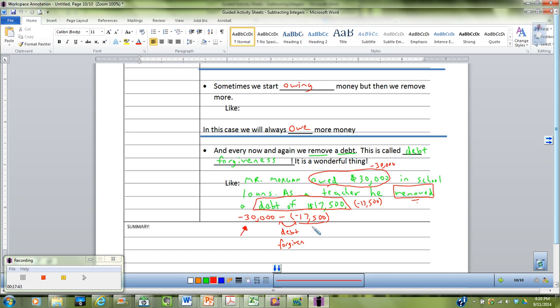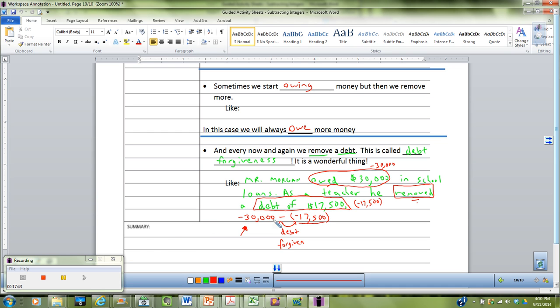So what do we need to do to figure out how much more I have to pay? Okay, should I be paying $47,500? That doesn't make sense, right? If I only owe $30,000 and they removed $17,500, I shouldn't owe more money. I should actually owe less. So these two numbers, we're going to subtract them.